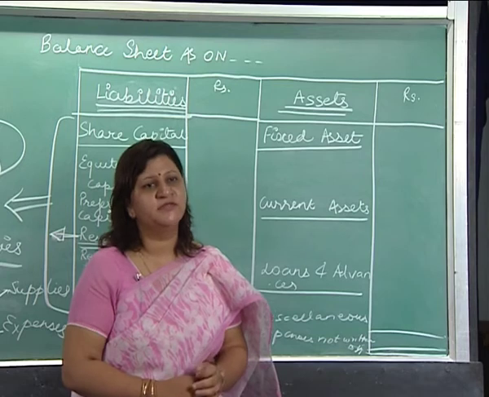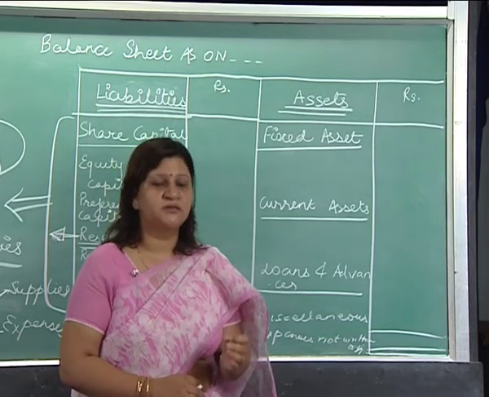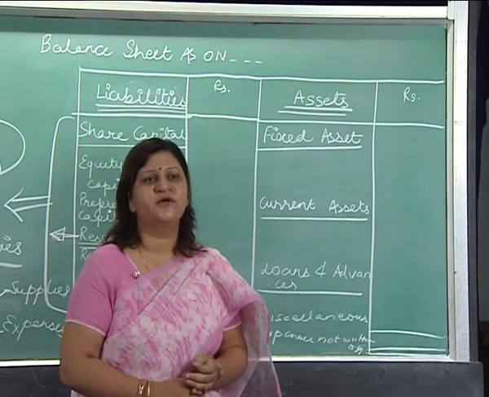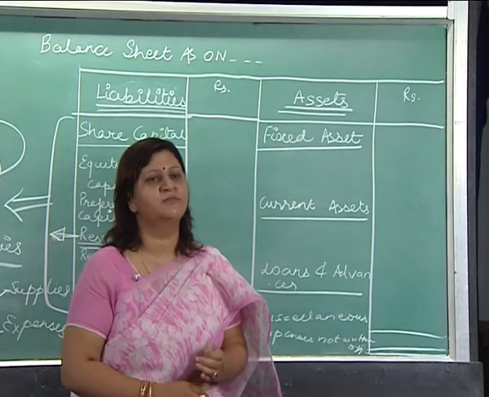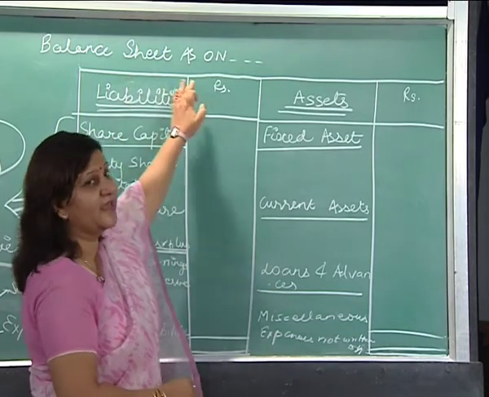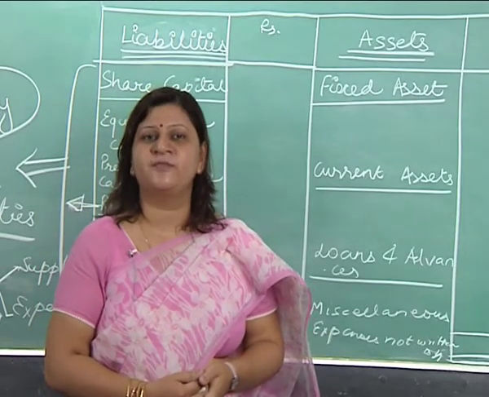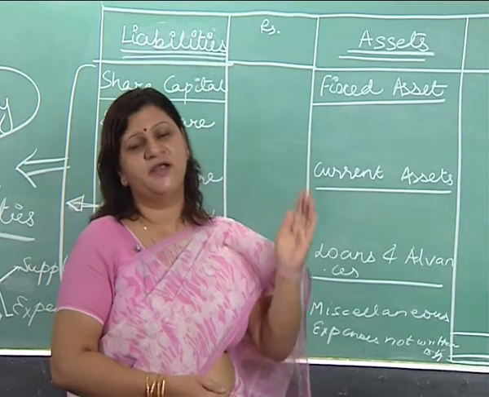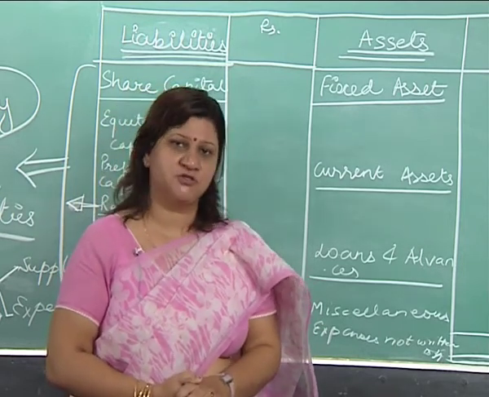Period of time means for a period of 12 months as on. That means it is prepared for a financial year comprising of 12 months. That is why we give the heading balance sheet as on. And when we prepare this balance sheet for a particular trading organization, its name should also be mentioned on the top of the balance sheet.